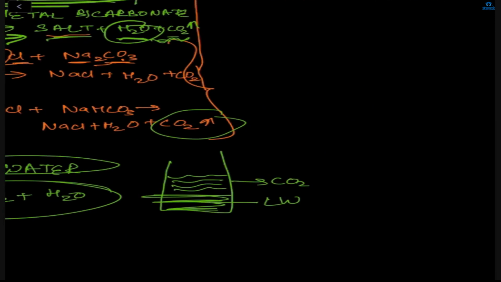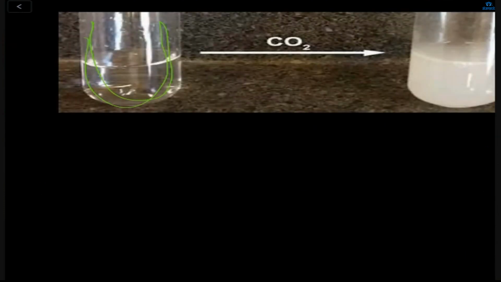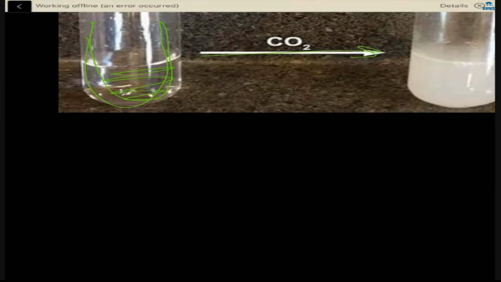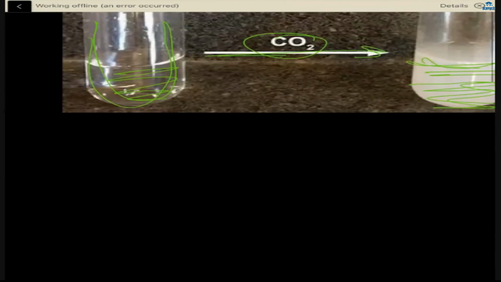But if we pass the CO2 through the lime water, it will turn milky in color. Earlier it was transparent, but by passing the carbon dioxide, my lime water turns milky.